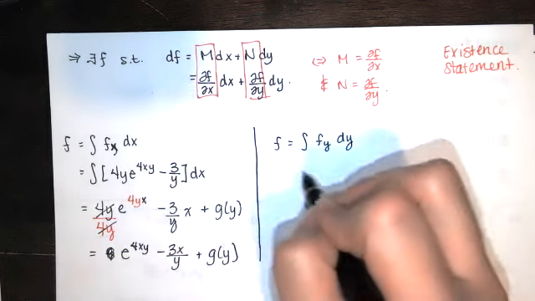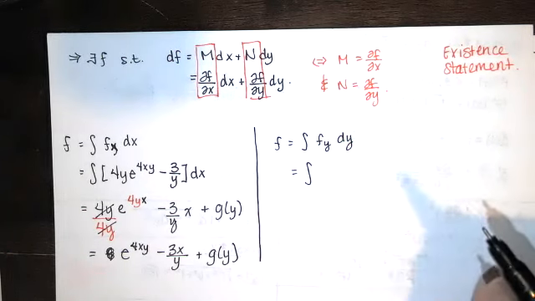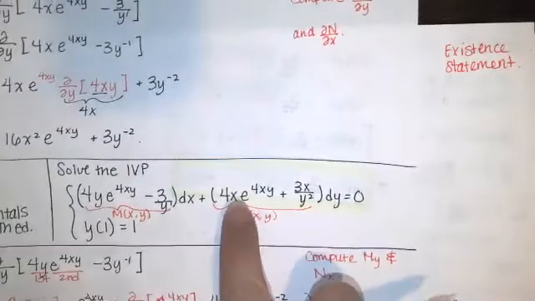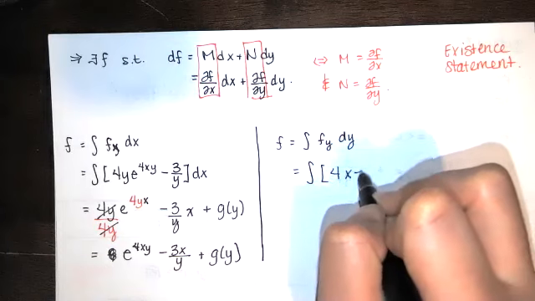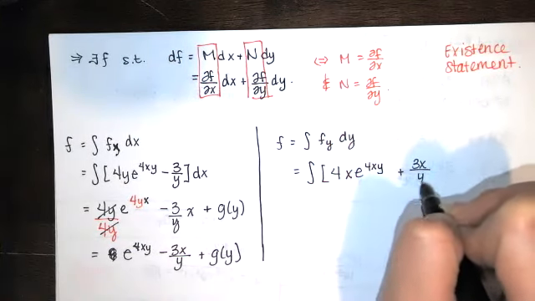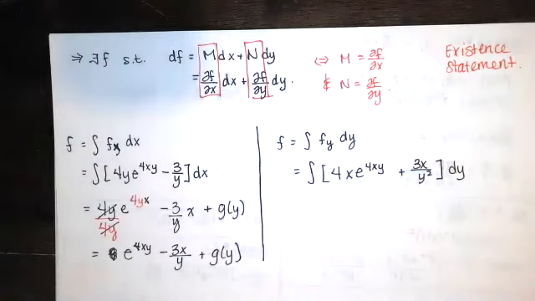Okay, great. And then over here, we want to take the partial of f with respect to y and take its antiderivative with respect to y. In this case, that is 4x times the exponential plus 3x over y squared. And we're anti-differentiating with respect to y.